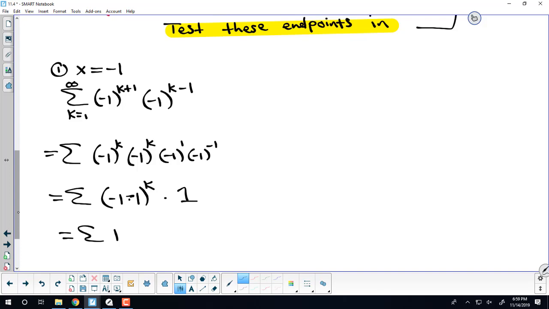So that just gives us the sum from k equals 1 to infinity of 1. Does that converge or diverge? It diverges, right? Because it's 1 plus 1 plus 1 infinitely many times. So this is a divergent series.